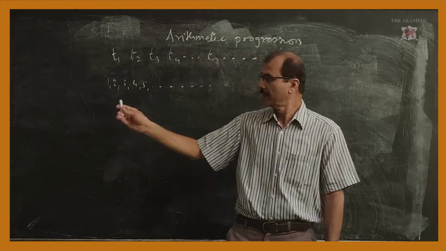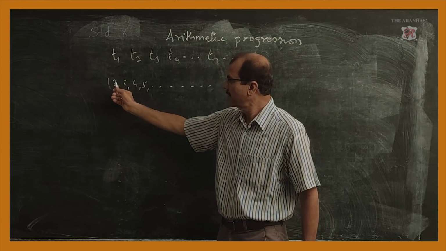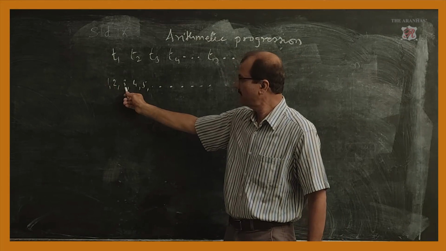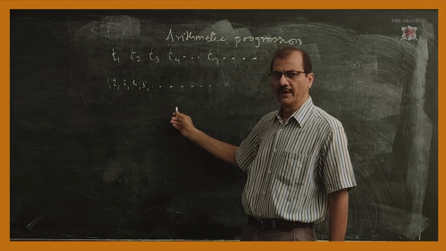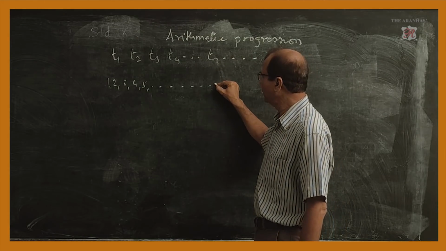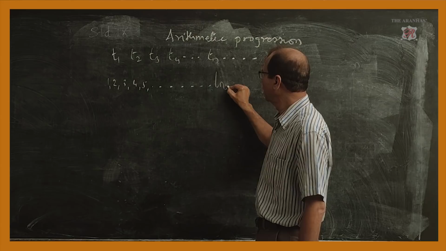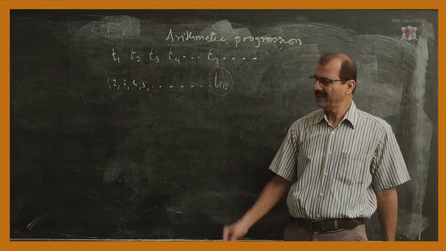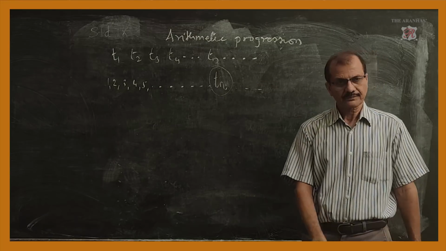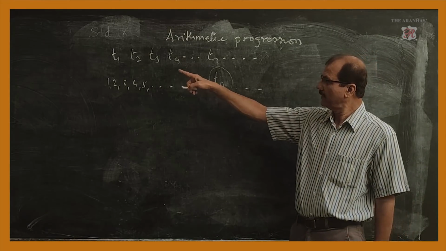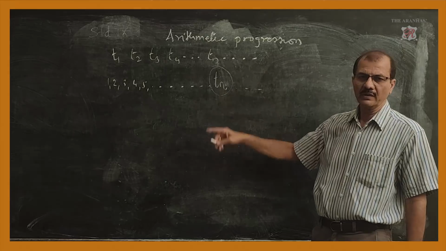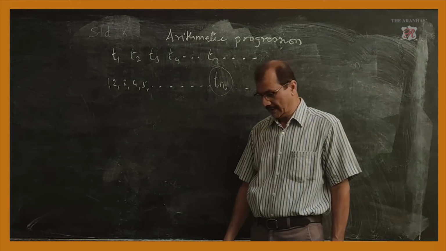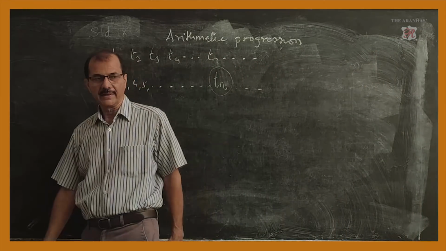Here, this is my first term, this is my second term, this is my third term and so on. So there will be an nth term here which I will denote by the letter Tn. So T1, T2, T3, T4 and so on, Tn will represent the terms of that sequence.